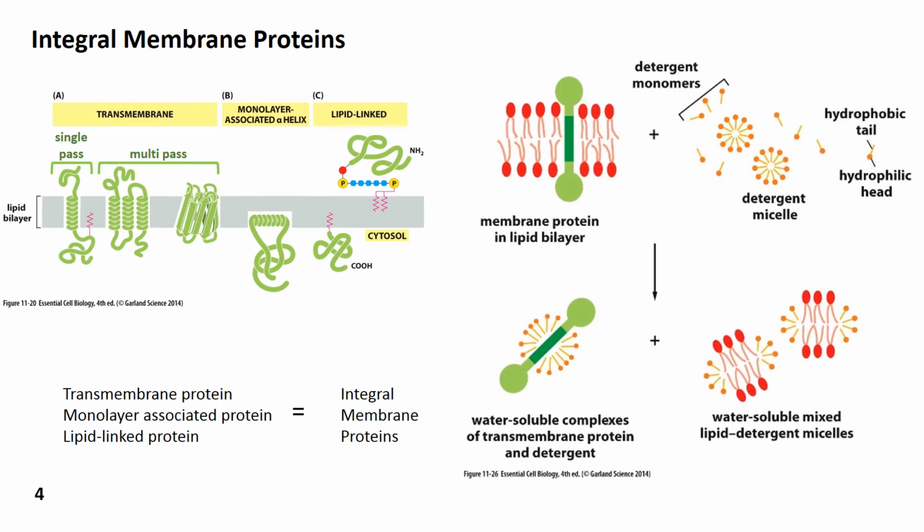Like membrane lipids, detergents are amphipathic in nature, having a polar portion and a nonpolar portion. Because they have that same chemical character as membrane lipids, they are able to associate with the membrane lipids, as is shown in the lower right-hand side, and they are also able to associate with the hydrophobic portion of membrane proteins, as shown in the lower left portion of this second image.